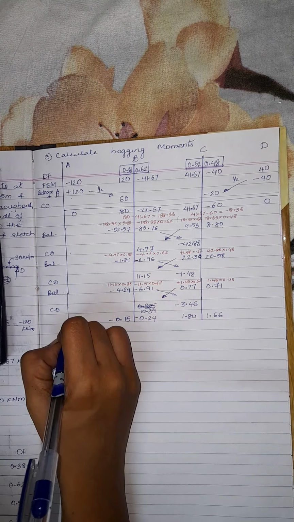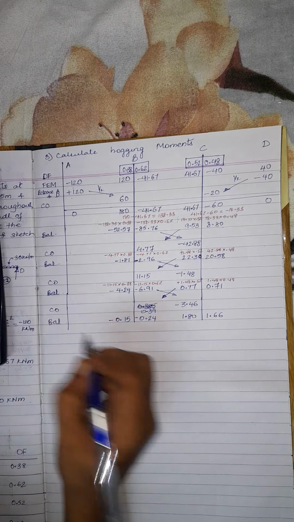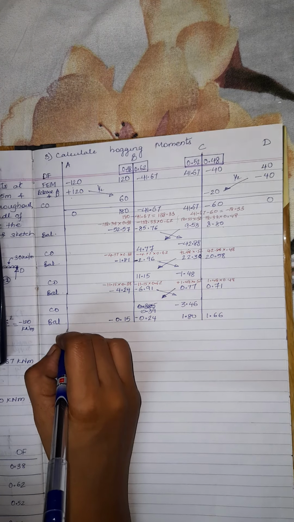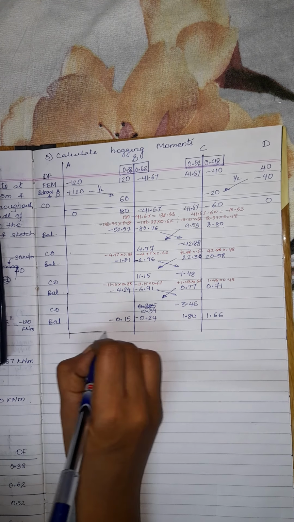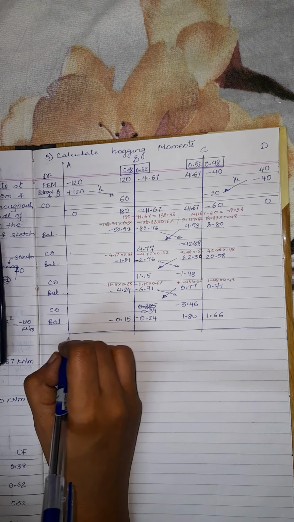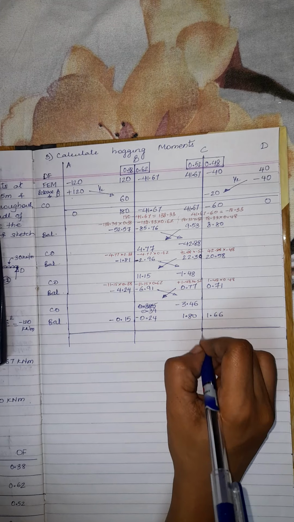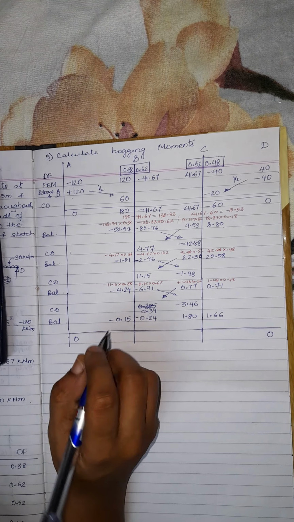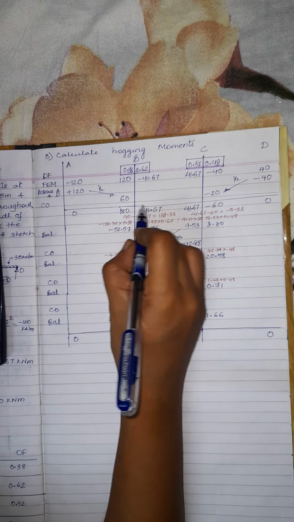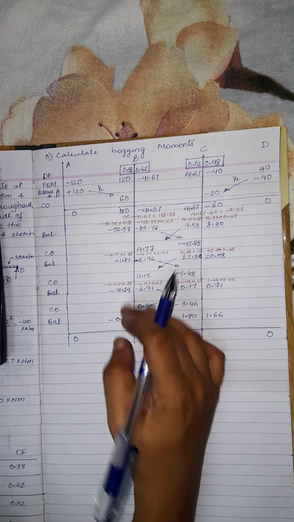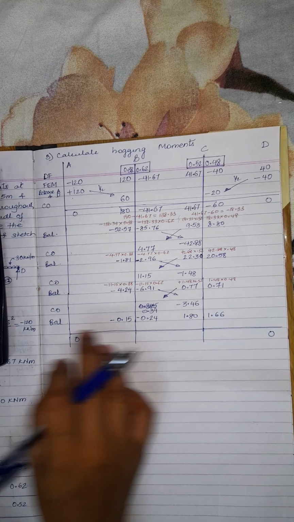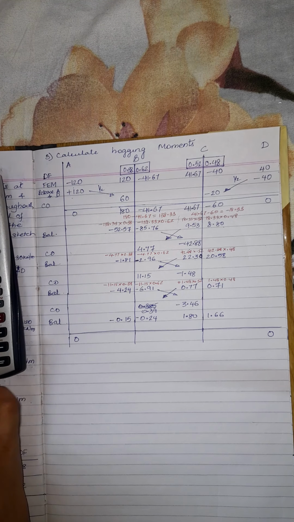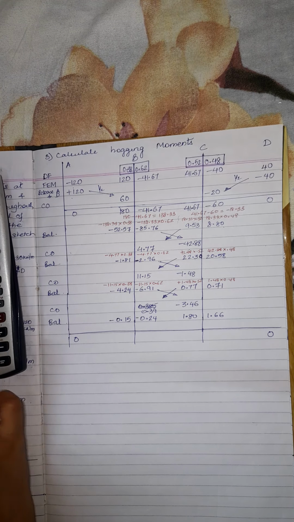Let us check now after 3 iterations, or you can still do some more iterations if you wish to. Okay, but I will add here and check. This will remain 0 because simply supported, and now from here onwards below this line you have to add. This is already added and written here, so these are the values to be considered. So whatever in the blue ink, please add and check.